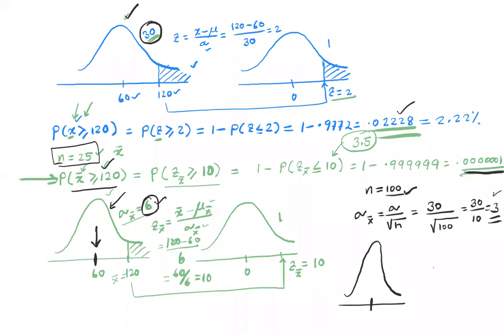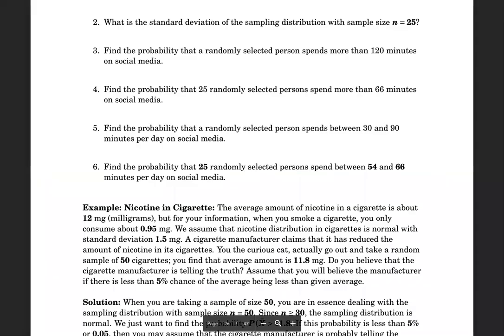All right. Now, let's go ahead and bring the next question. Find the probability that 25 randomly selected persons spend more than 66 minutes on the social media, which is easy.